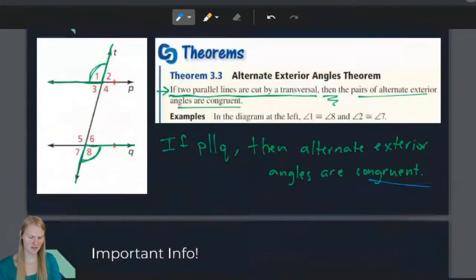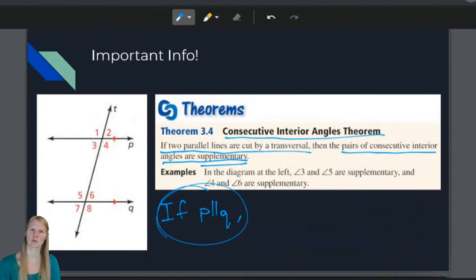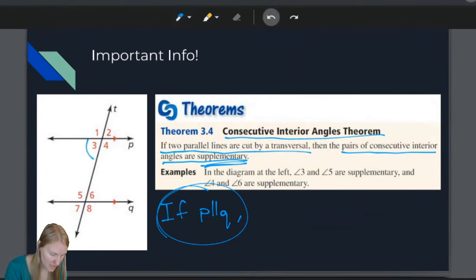So why is it that consecutive interior angles are supplementary? Let's take a closer look. Consecutive means that they come one right after the other, and interior means that they're in between the two lines. So 3 and 5 are consecutive interior angles. And look at this. Angle 3 is acute, very clearly acute.